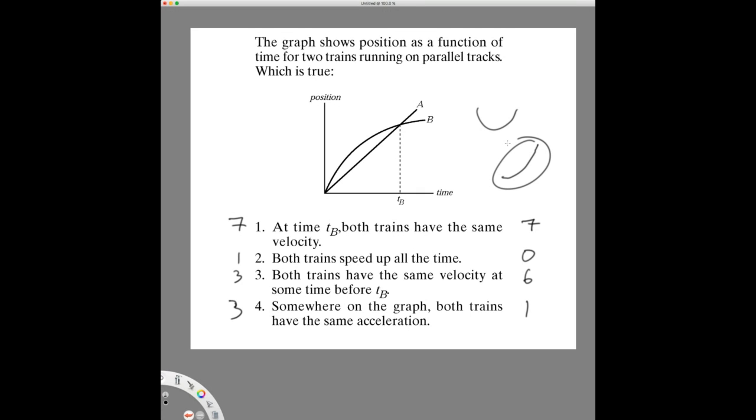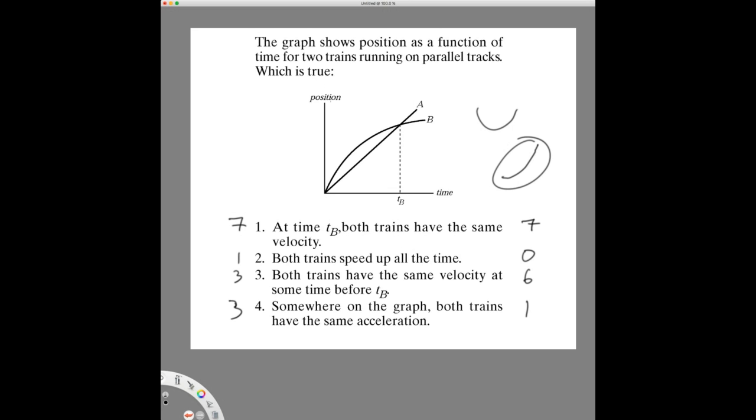And what about train A? Is it speeding up? Yes. Right? Quickly, or I don't know. So, okay, speeding up means slope increases. And it's easy to kind of confuse speeding up with moving up. So A is moving forward, but at a constant rate because the slope is constant.